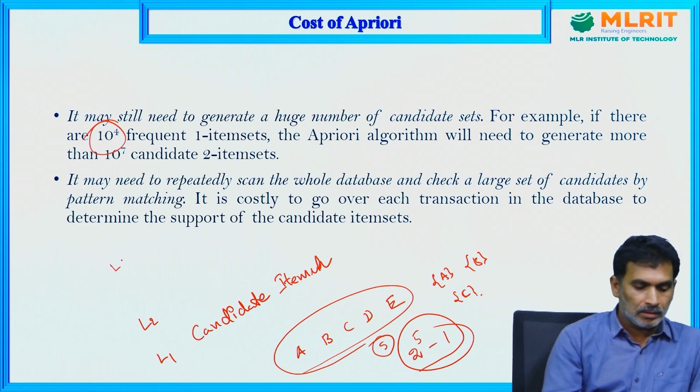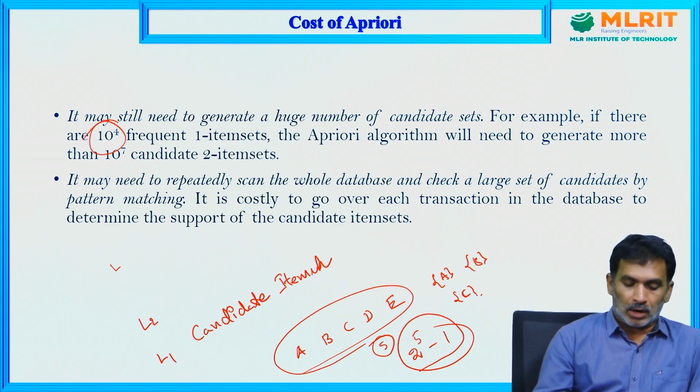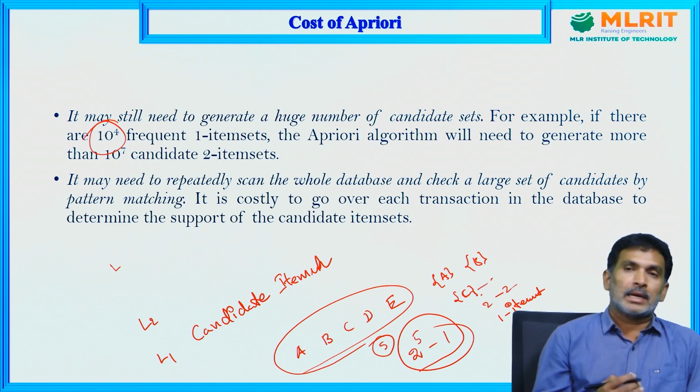In the previous lecture we discussed how many levels: the first level, that means one item sets, second level 2 item sets, third level 3 item sets, 4 item sets, and then 5 item sets, because there are 5 maximum number of items in the transactional database.